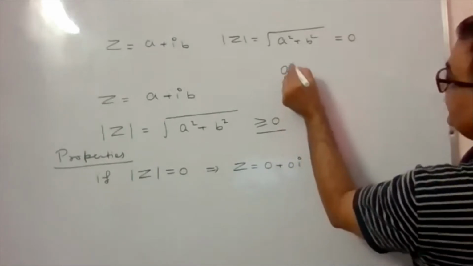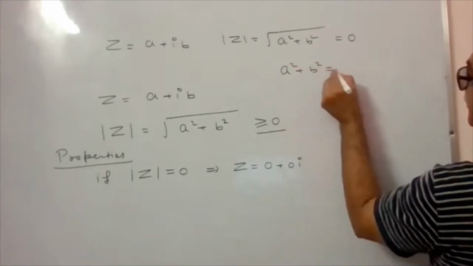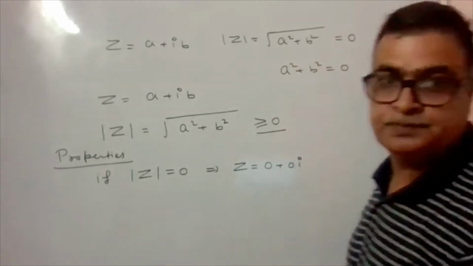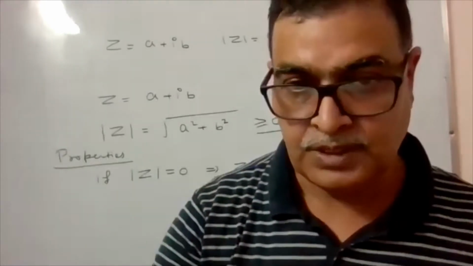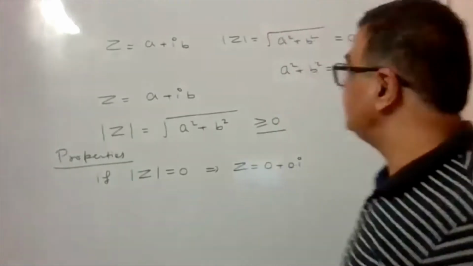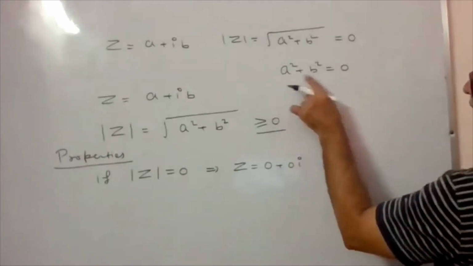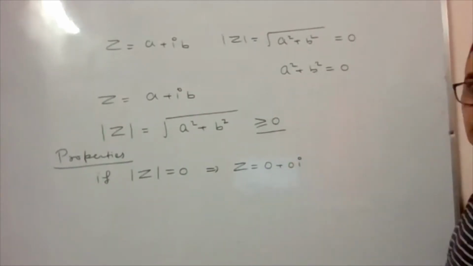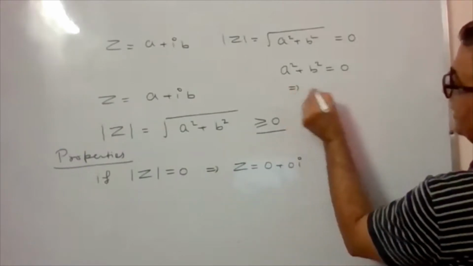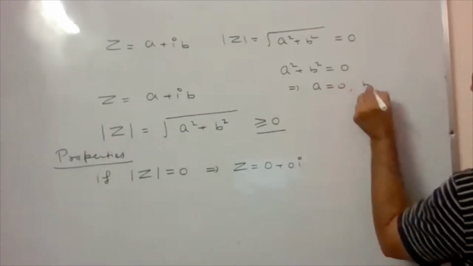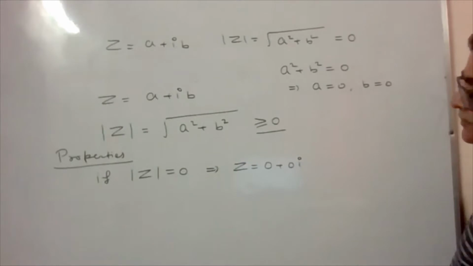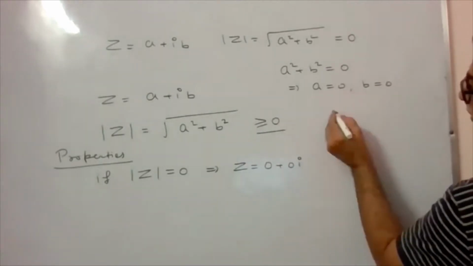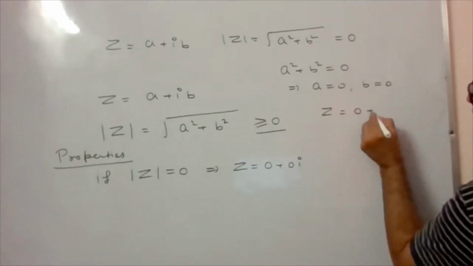When this quantity is 0, it means A square plus B square is 0. And square of two numbers can be 0 only when A and B individually have to be 0. So this implies A is 0 and at the same time B is 0. And if A is 0 and B is 0, that means our complex number is 0 plus 0 iota.